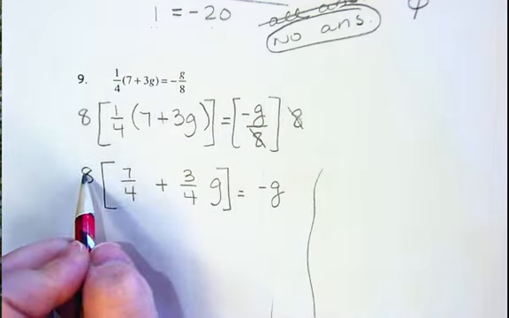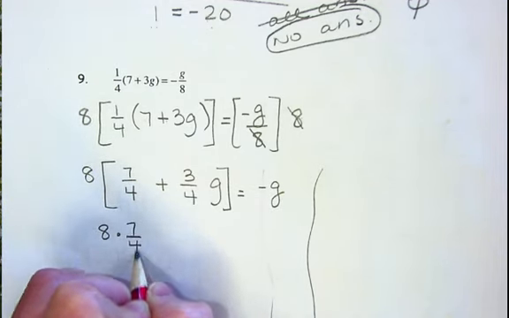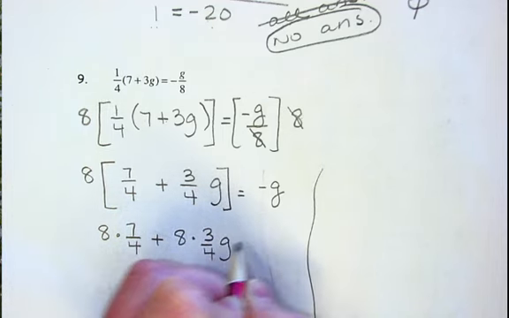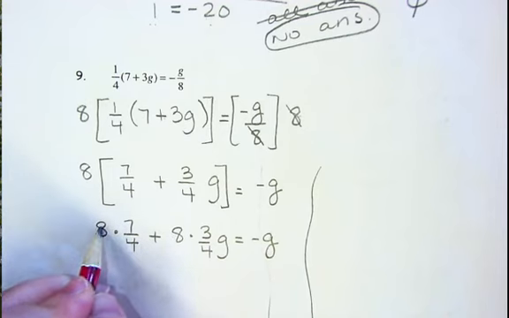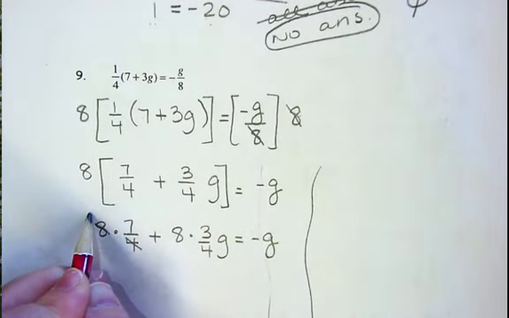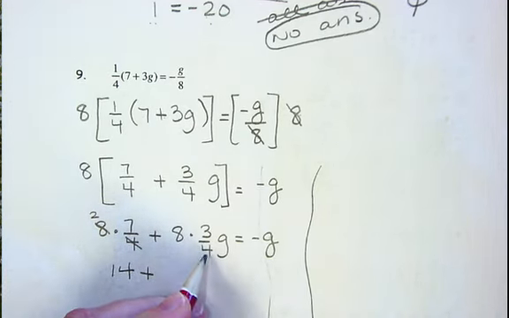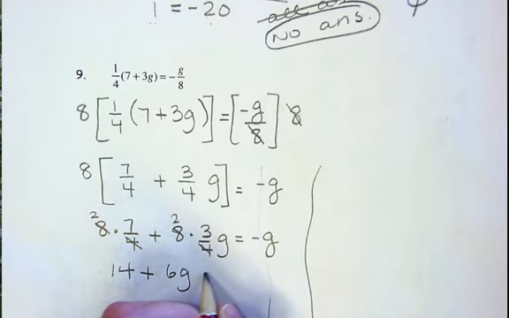Now I can multiply the 8 through here. I do 8 times 7/4. 8 times 3/4 g equals negative g. The 4 and the 8 cancel, and I get 2, so that means this is 14, plus the 4 and the 8 cancel, and I get 2 times 3 is 6g equals negative g.